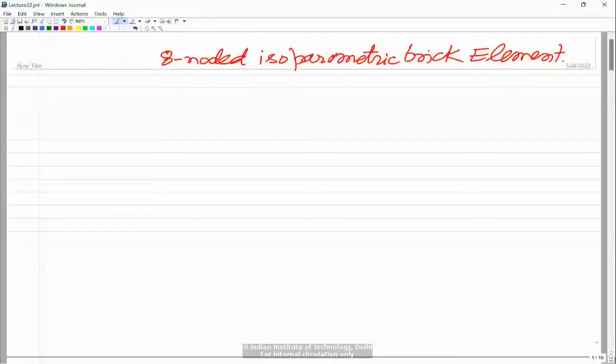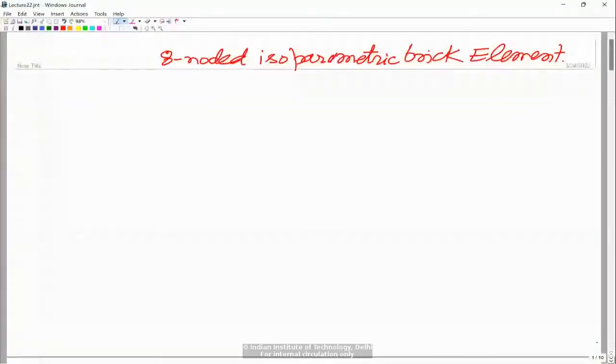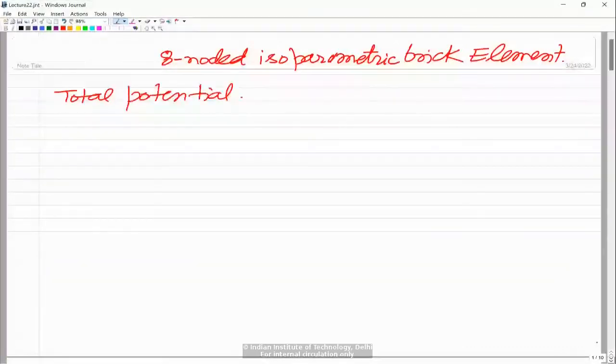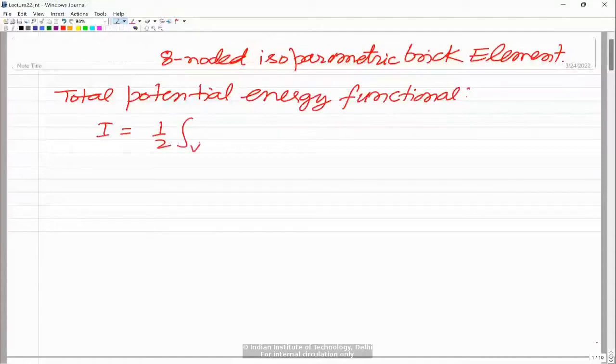and similarly there are six components of stresses. Then we had discussed the constitutive relation for a linear elastic isotropic solid, and then the total potential energy functional. So finally, if you recall, I had written the total potential energy functional as half integration over volume of sigma transpose into epsilon.